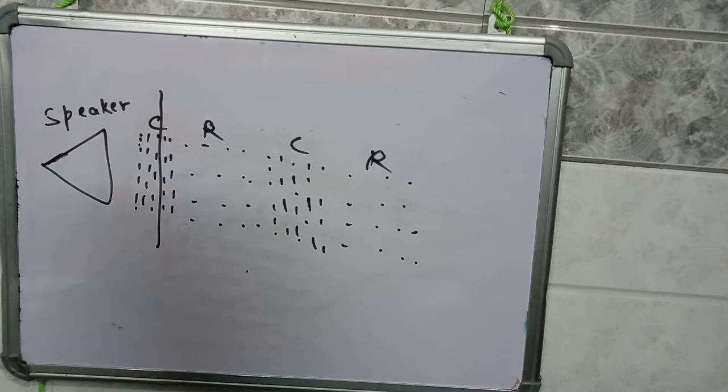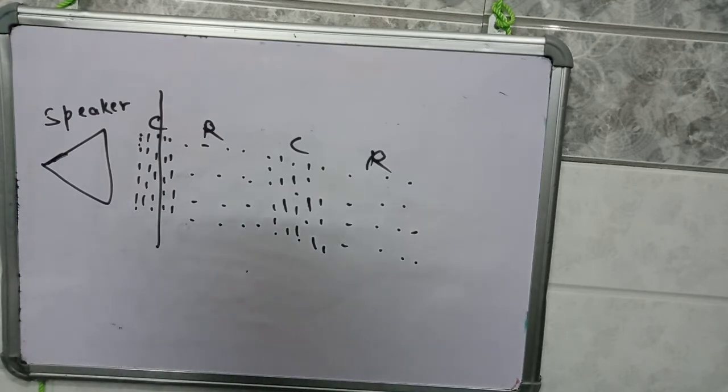The second particle receives the disturbance a little later than the first particle. So there is always a phase difference between one particle and the next. So the third property of wave motion is that each particle receives the disturbance a little later than its preceding particle, so the preceding particle receives the disturbance earlier than the neighboring particle.